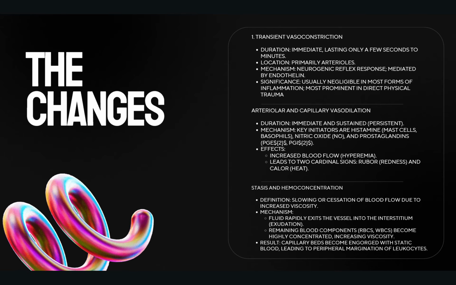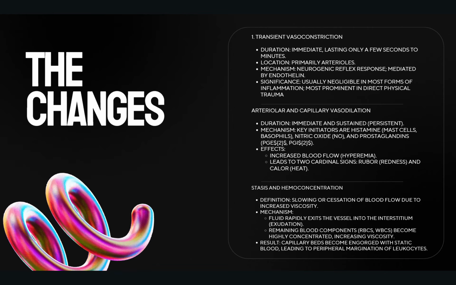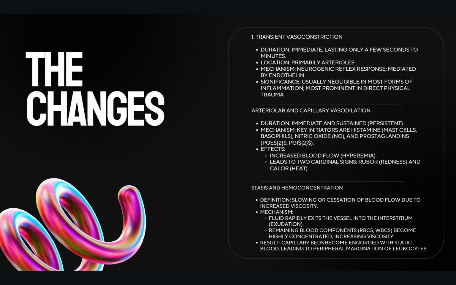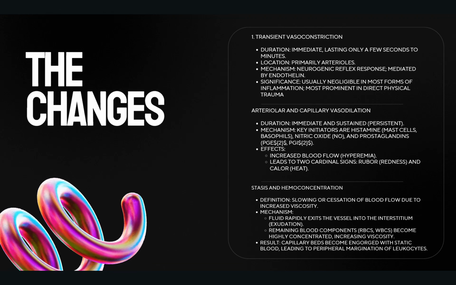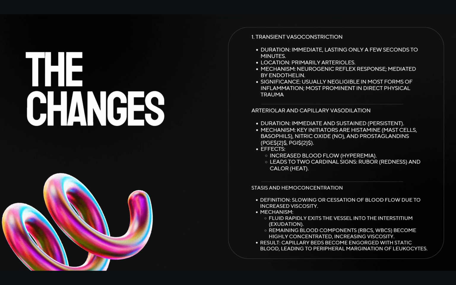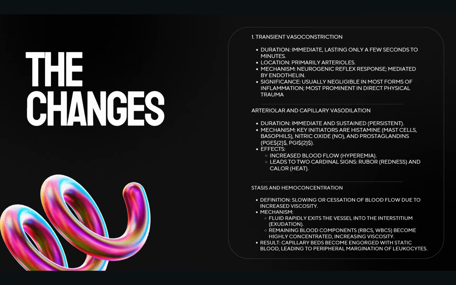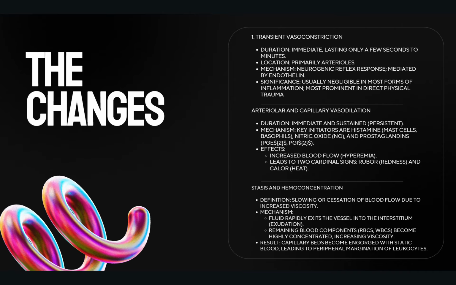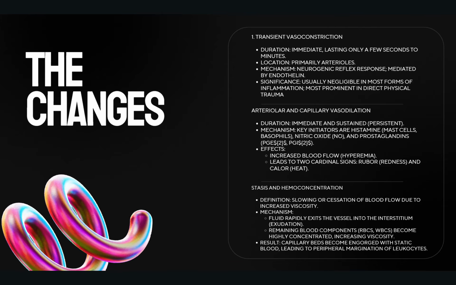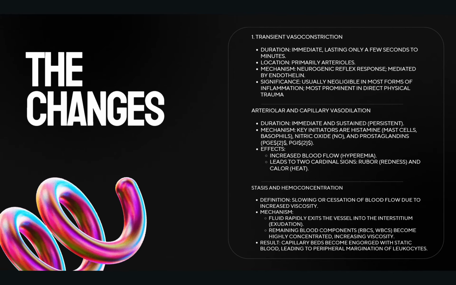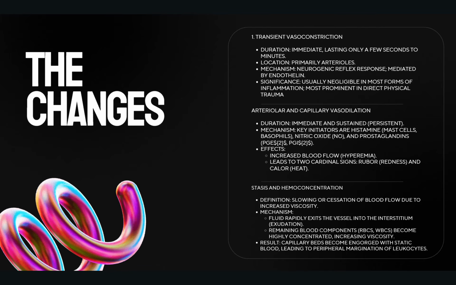The second stage is arteriolar and capillary vasodilation. That's the primary response. Following the brief period of constriction, we observe rapid and sustained vasodilation. This is the first major influential change. The dilation is triggered by a potent cocktail of chemical mediators released locally: histamine, released from activated mast cells and basophils; nitric oxide, an endothelial-derived relaxing factor; and prostaglandins, especially PGE2 and PGI2.